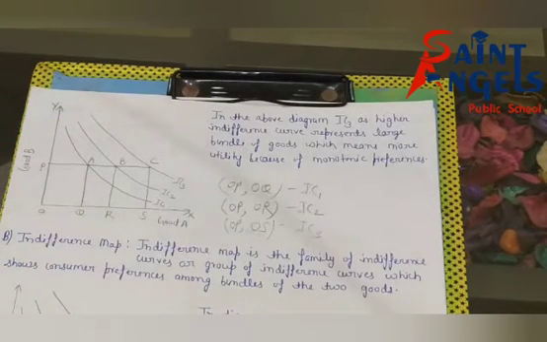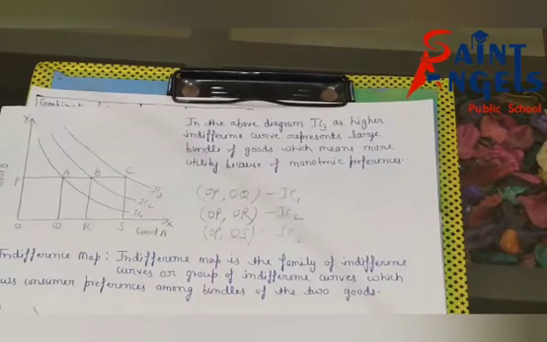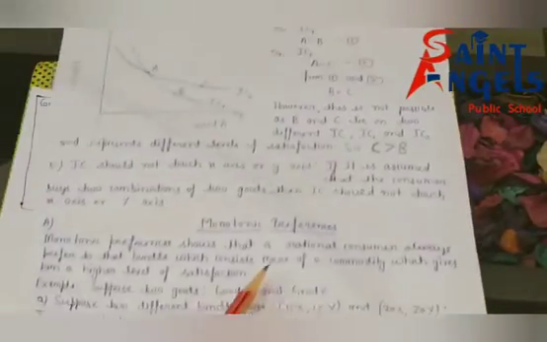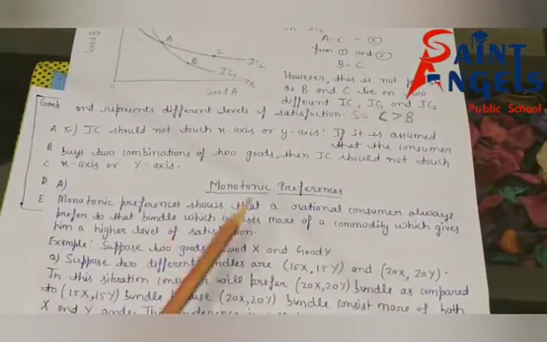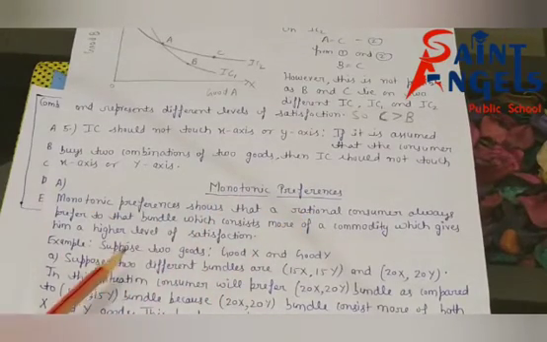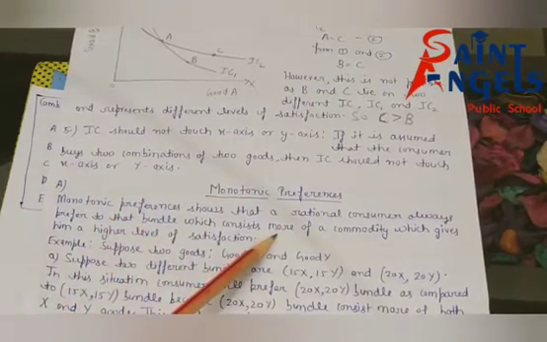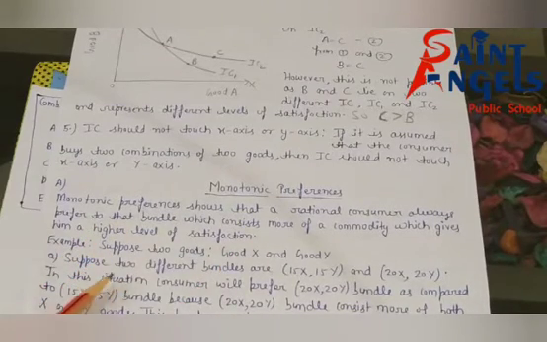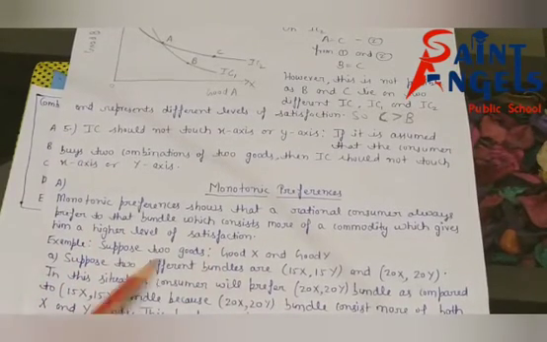Suppose a question is there: explain monotonic preferences with the help of a numerical example. Then first of all you will write the definition, and after that you will write this example.